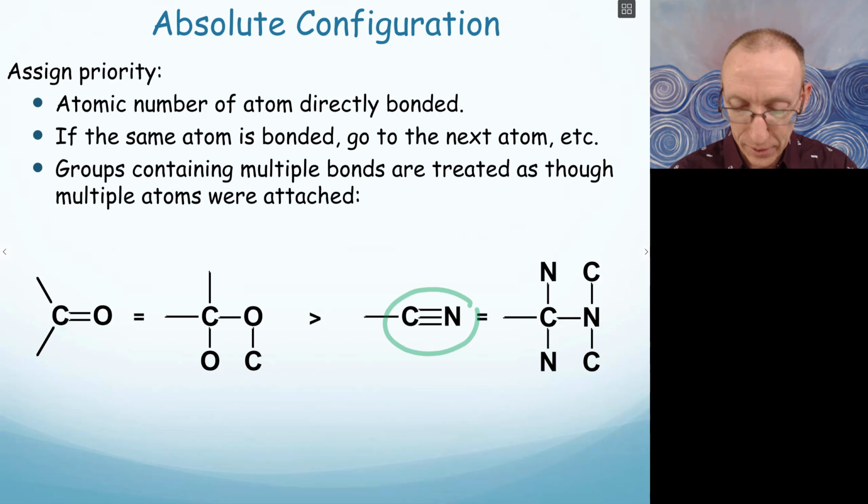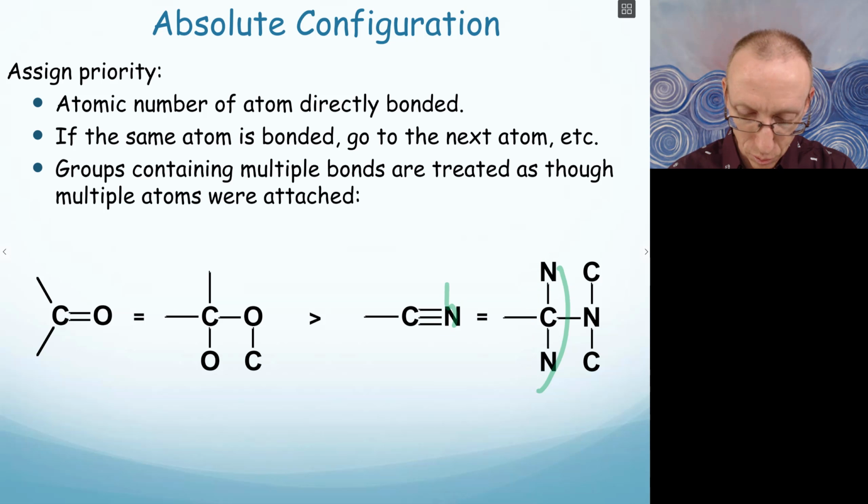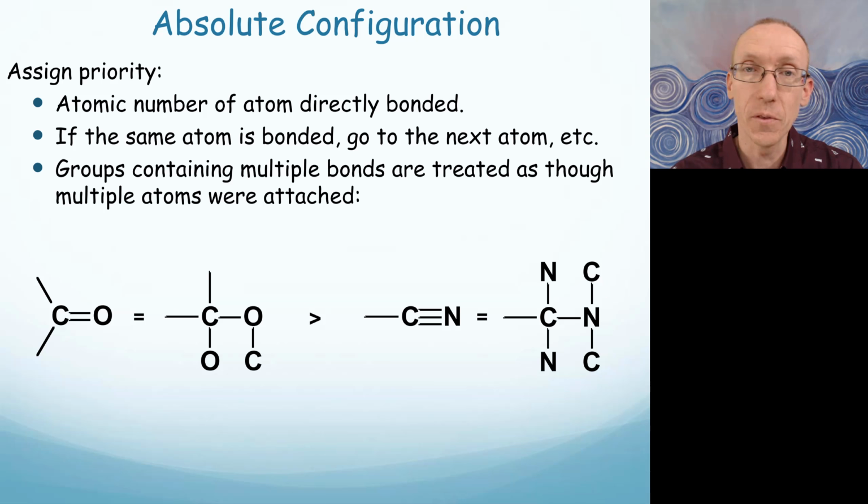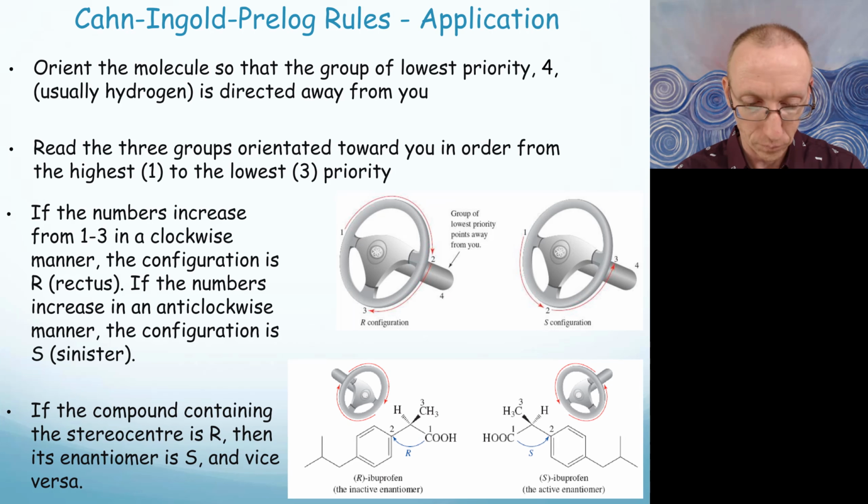If we had a triple bond, like this nitrile here, we have two dummy nitrogens bonded to that carbon, and the nitrogen has two phantom carbon atoms bonded to it. And so we end up with that sort of structure in terms of assigning priority. So we need more rules than just that.